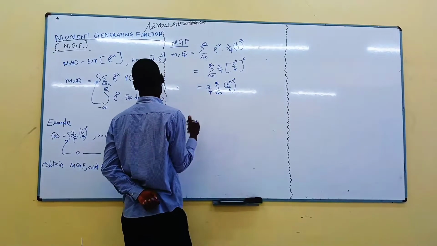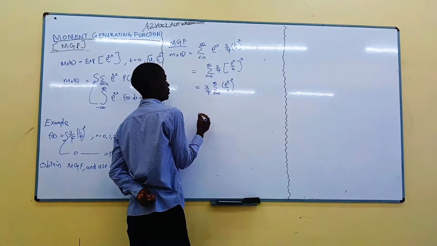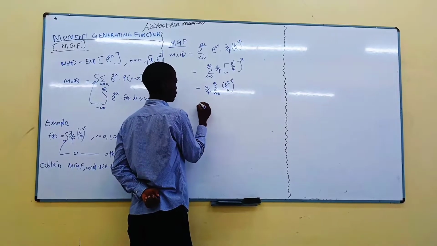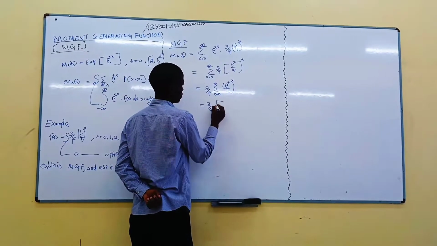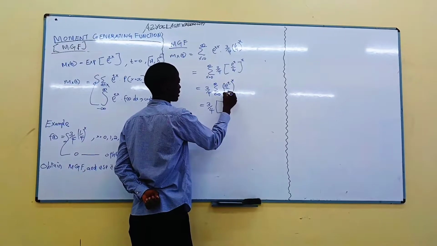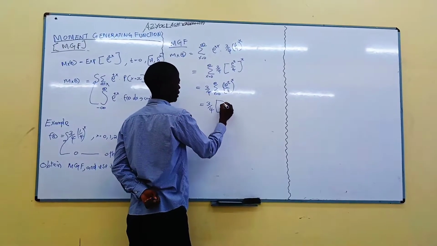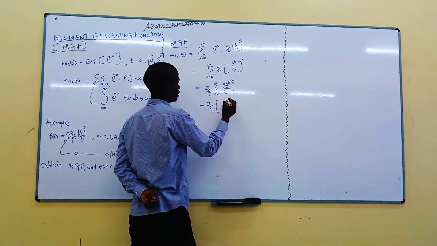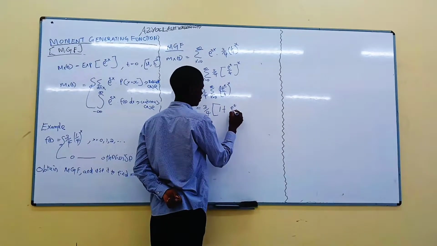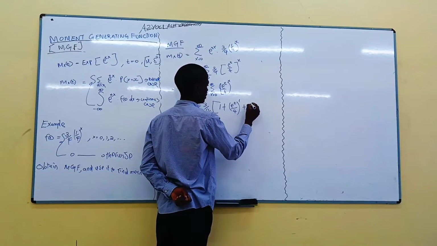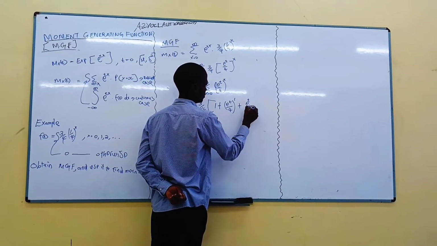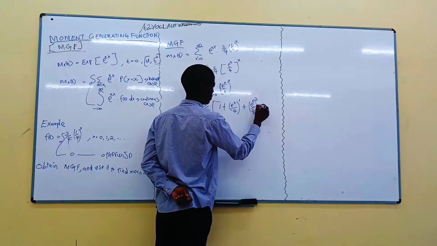Remember, x can be 0, 1, 2, as you continue. So it will be 3/4 times, since any number raised to 0 is 1, 1, plus (e^t/4) raised to 1, plus (e^t/4) raised to 2, as you continue.